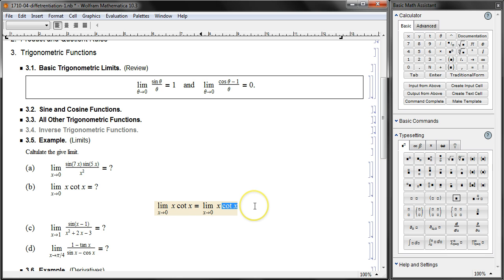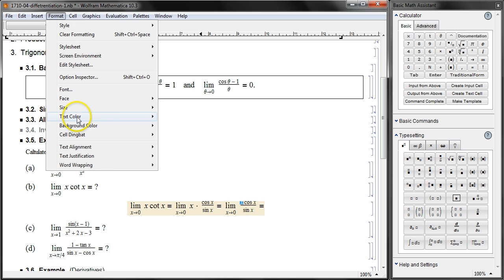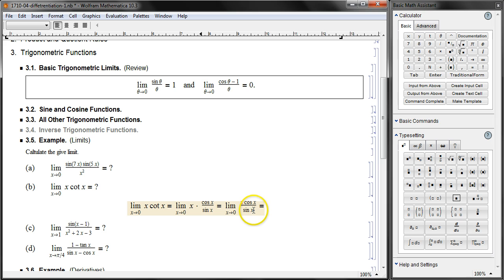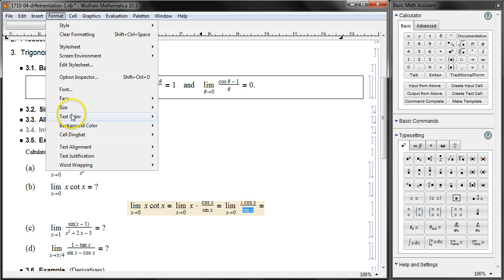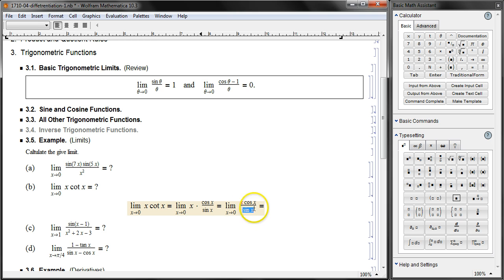Cotangent is equivalent to cosine over sine. So this whole thing is equivalent to x cosine of x over sine of x, and then what's happening to x over sine of x. Look at this.